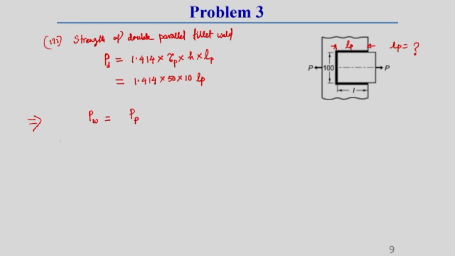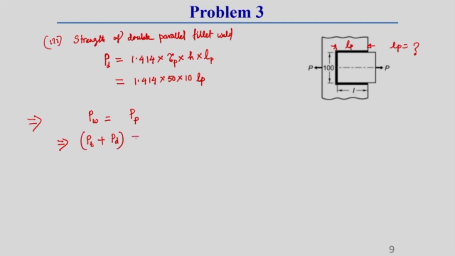Strength of weld should be equal to strength of transverse weld plus strength of double parallel fillet weld, that is PT and PD.